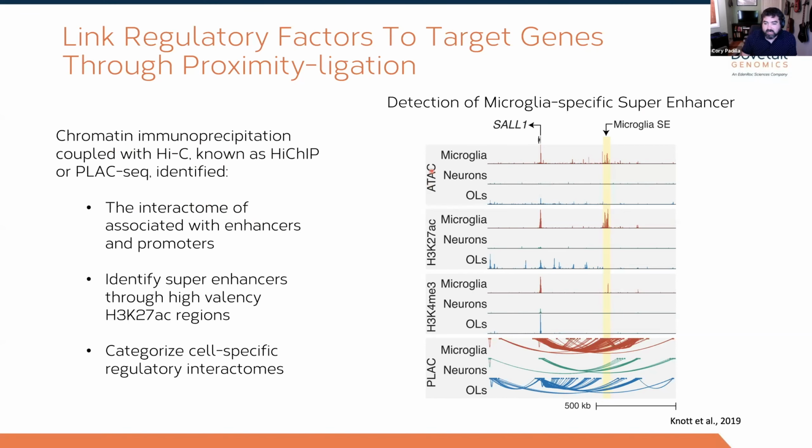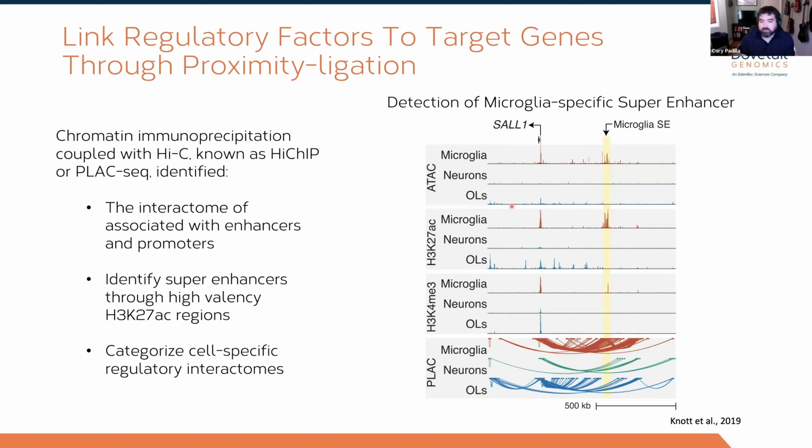So here's the ATAC-seq signal, here's your enhancer signal, here's your promoter signal, and then here is the interactome data, where we can start using that three-dimensional linkage to say what regions of the genome are actually interacting with each other.